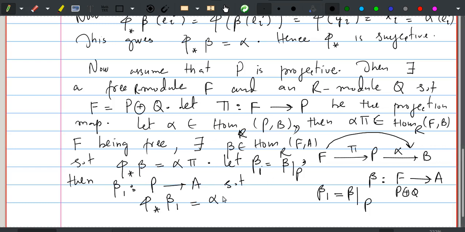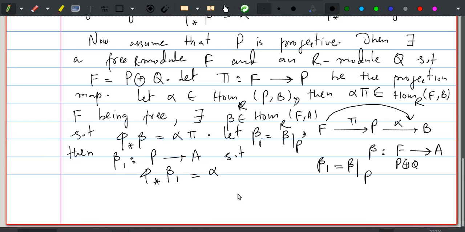Now in that case, pi will be the identity map from P to P, so this will be alpha. So this implies this phi star is surjective, hence phi star is surjective.